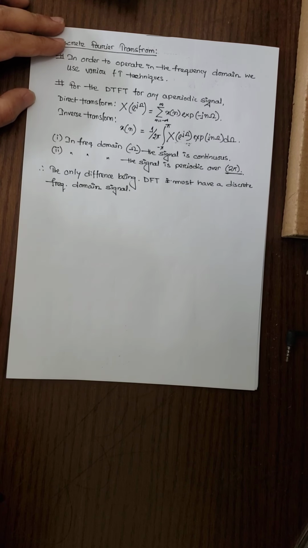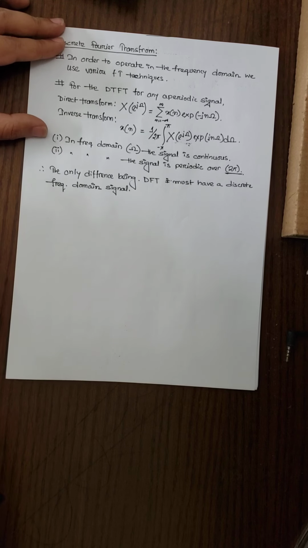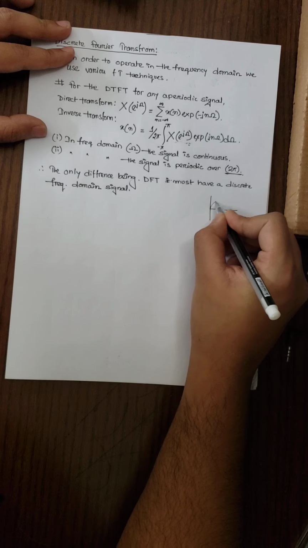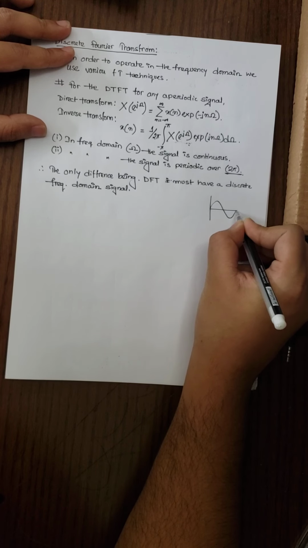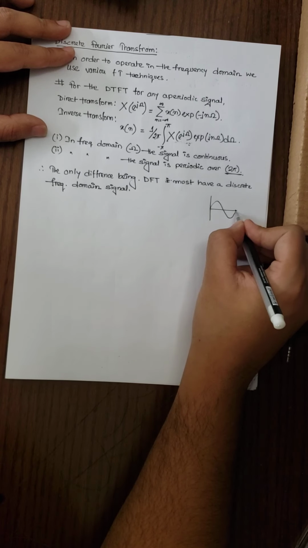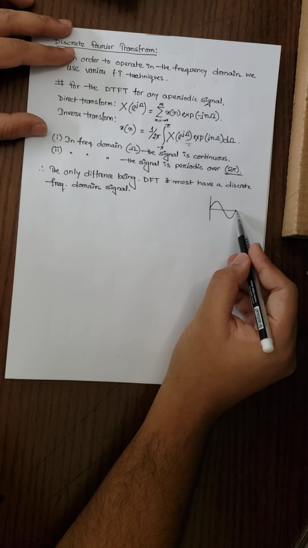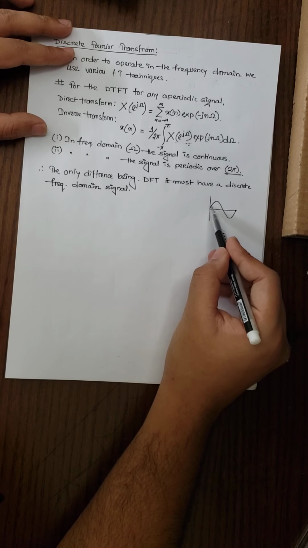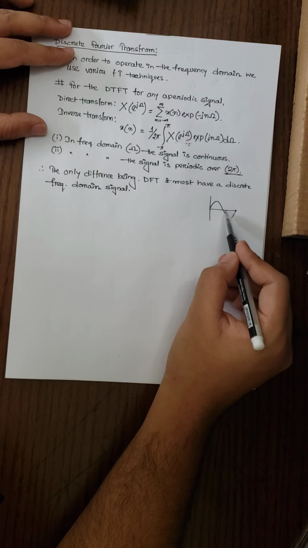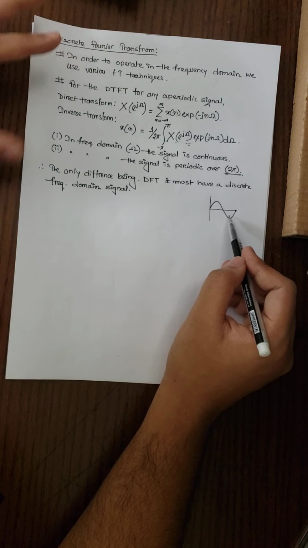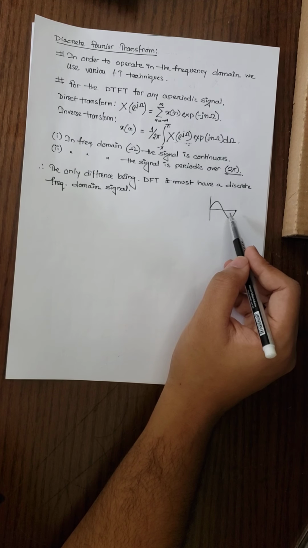So one might ask that, sir, we have seen in MATLAB that we are able to generate a very smooth continuous sinusoidal curve using the computer. So the logic behind that is this curve is not continuous. There are very minuscule discrete samples which are so close together that it seems continuous.